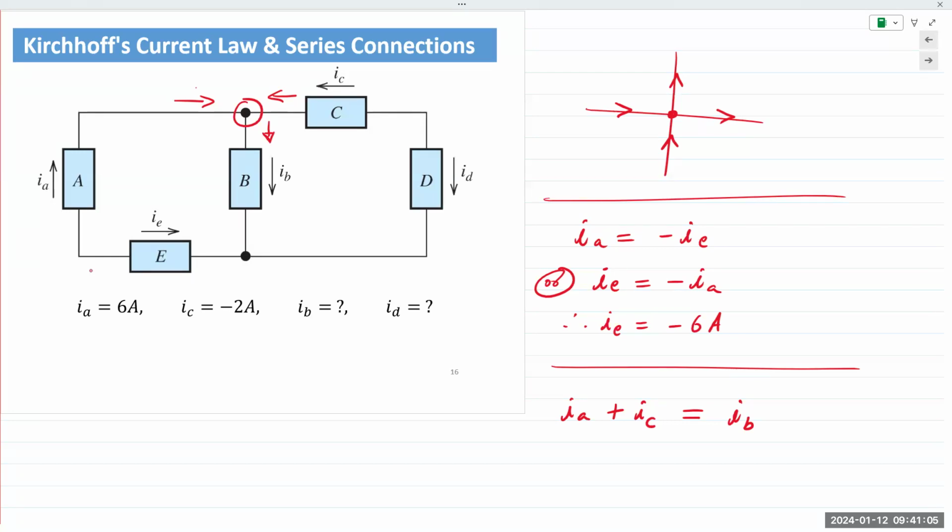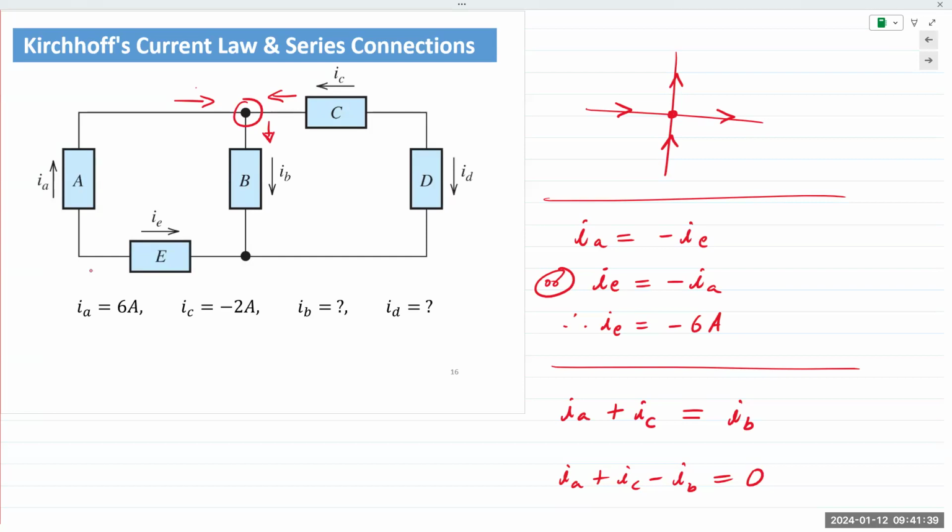The equation would come out to be IA plus IC minus IB is equal to 0. Same equation. Just a different technique, but it's the exact same equation. Does that make sense? So again, use whichever technique you want. I don't really care. As long as the KCL method is applied correctly, you will receive full credit.